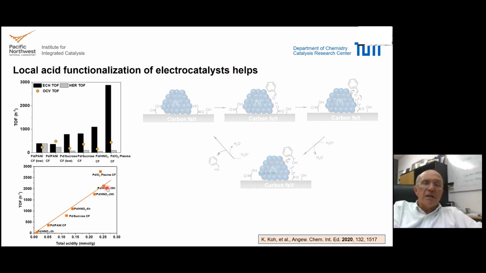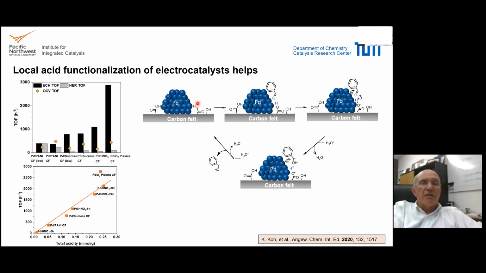Why do they do this? They provide locally protons, and they allow locally a hydrogenation through a proton-coupled electron transfer, and through an easier path for this hydrogenation.